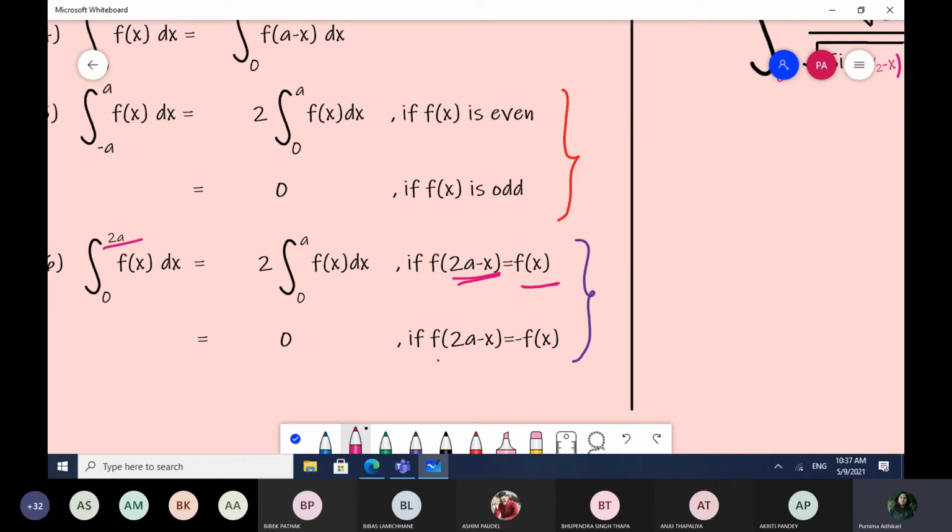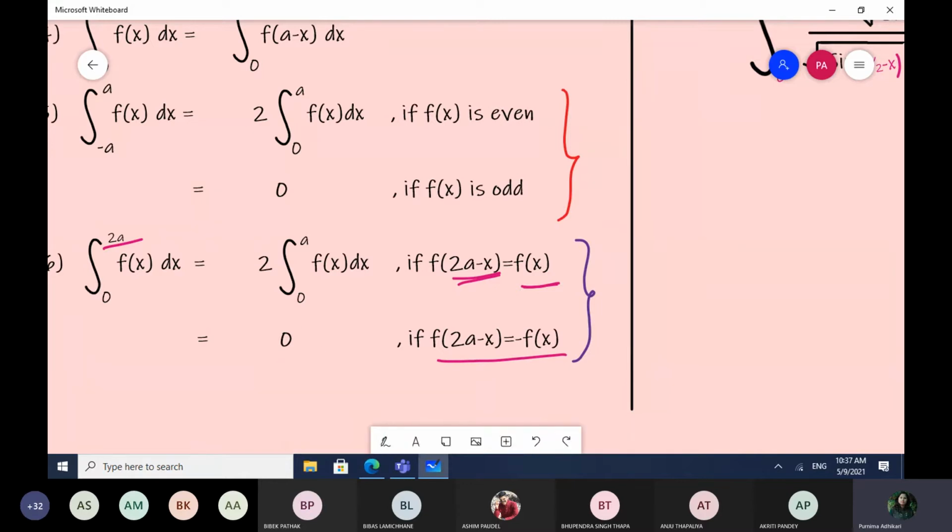And when you replace x by 2a minus x, where 2a is your upper limit, and you get negative of f of x, the magnitude is the same but the sign is negative. In that case, your result will be directly 0.